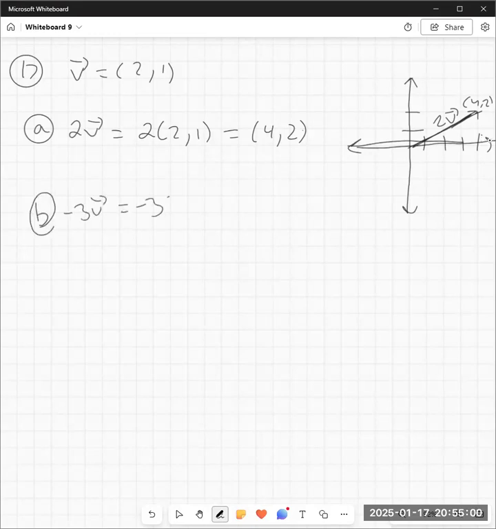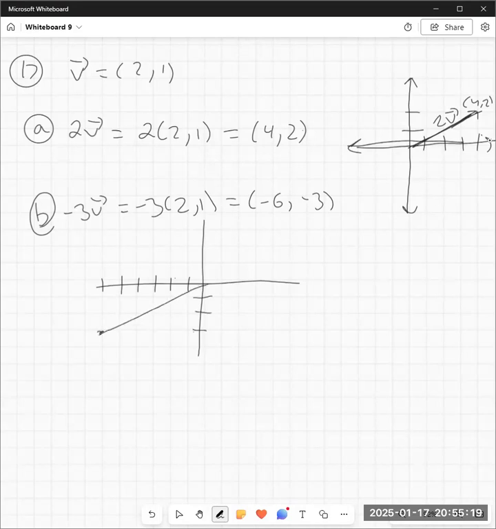So that's negative 3 times 2, 1, which is negative 6, negative 3. So to graph that, negative 1, 2, 3, 4, 5, 6, negative 1, 2, 3. So we're out here, like so. Negative 3v, so negative 6, negative 3.